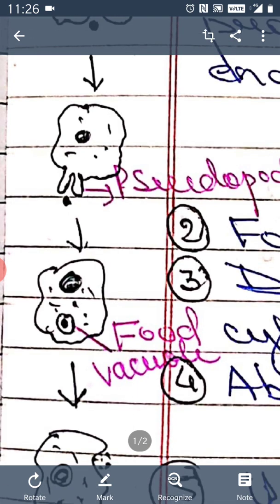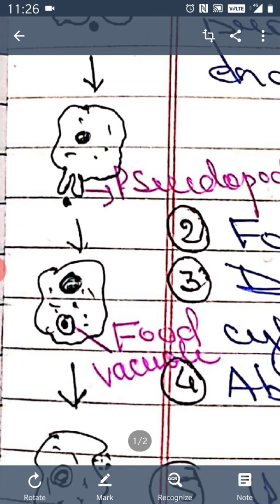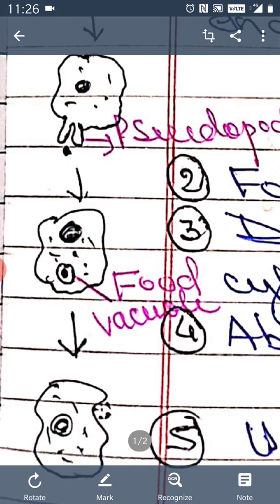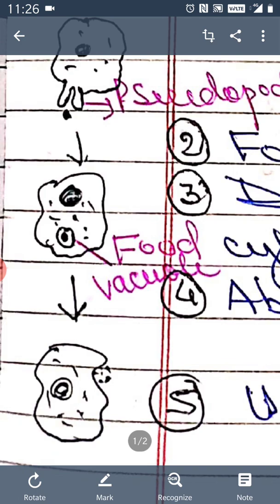In the second diagram you can see the pseudopodia have started forming. These pseudopodia are going to engulf the food particle and later form a food vacuole. In the third diagram you can see a food vacuole has been formed.